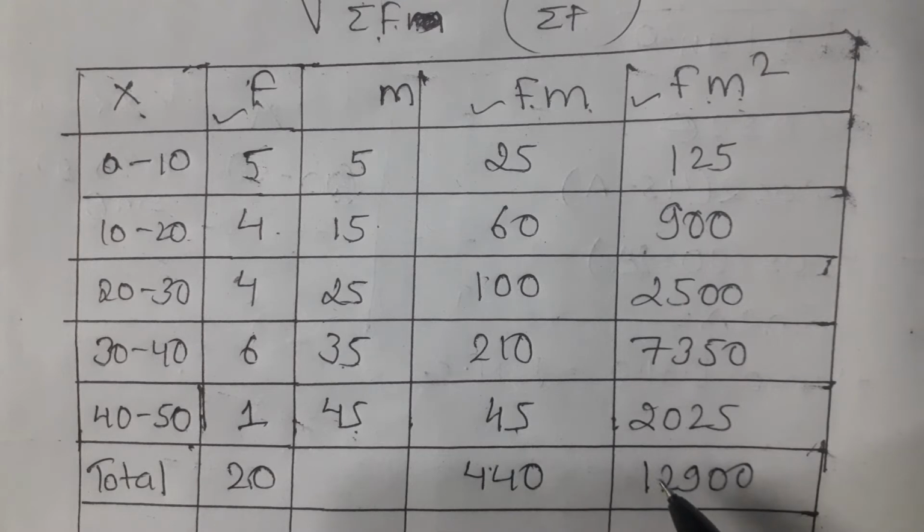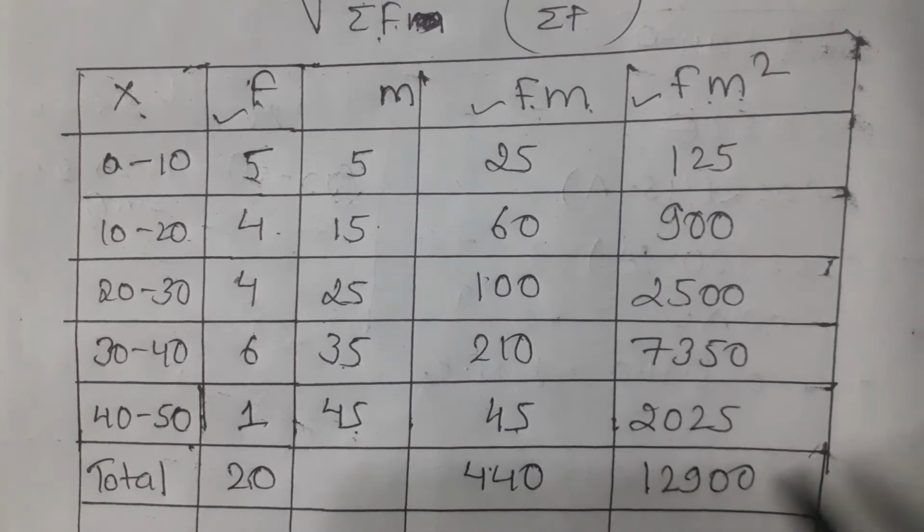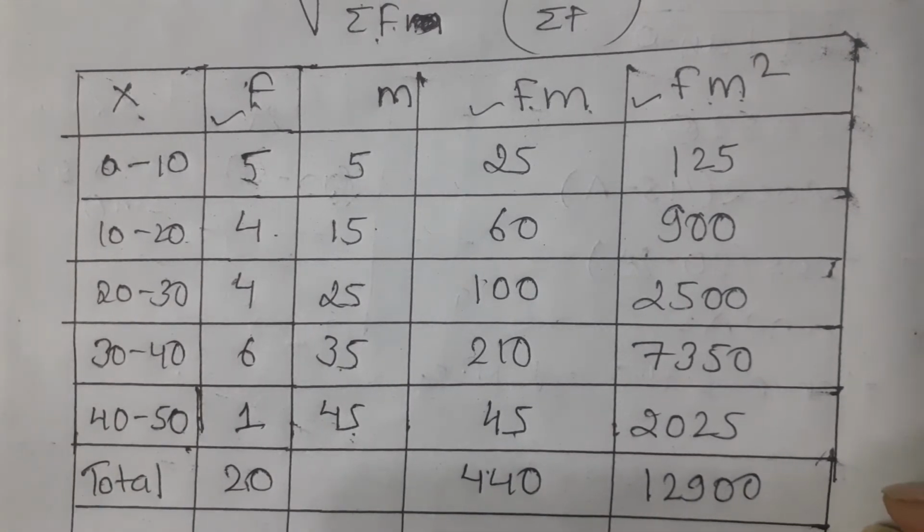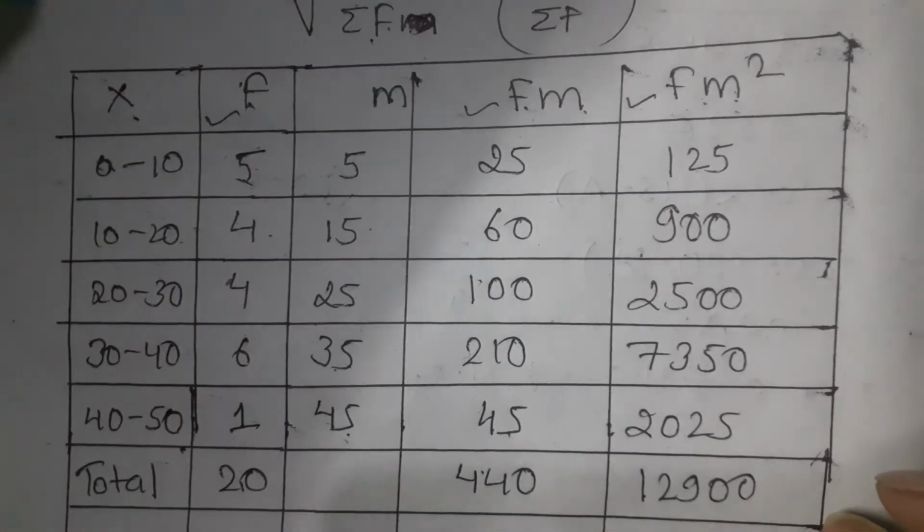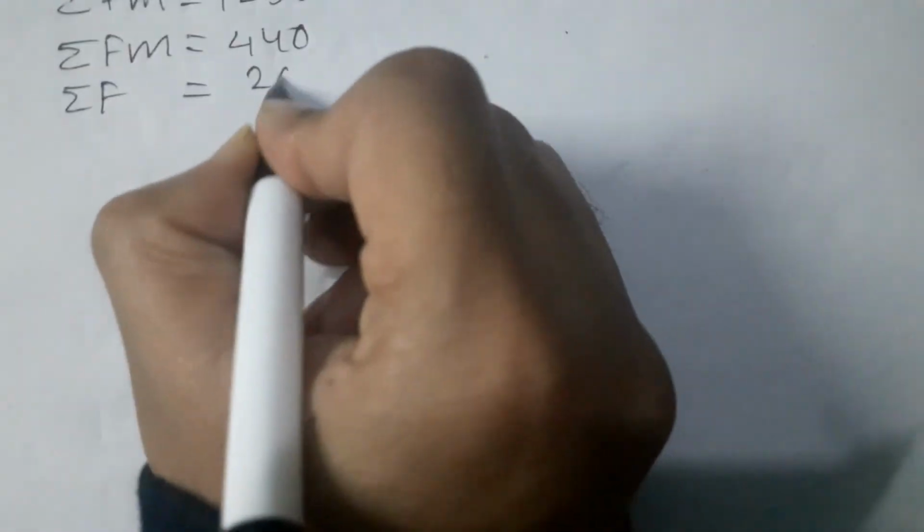Now what we have to do is 12900. Let me calculate here. First let's write down all the available things. Our summation fm square is 12900, summation fm is 440, and summation f is 20. I'm writing everything in order.